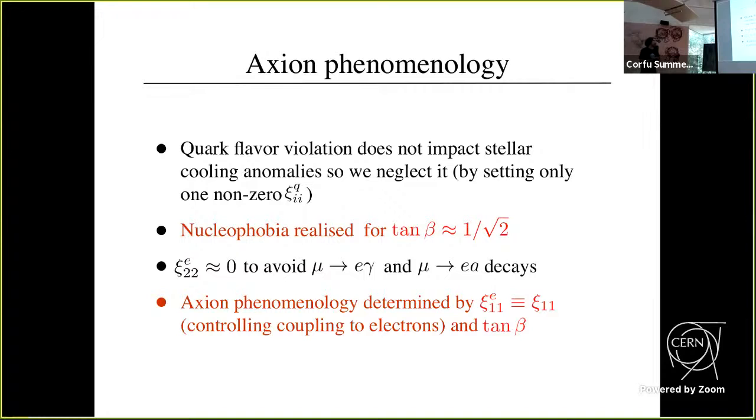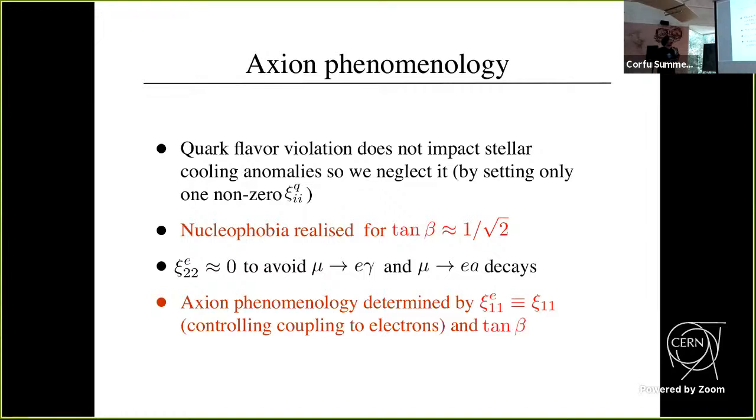And then nucleophobia sets the value for tan beta. So tan beta should be roughly around 0.7. Of course, we don't need a precise cancellation of the nucleon coupling, but one should remember that tan beta should be close to this value. One should also set psi22 in the lepton sector close to 0.